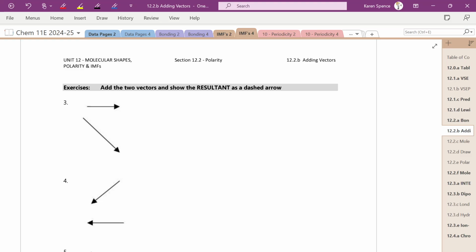Like flip them? No. You cannot flip an arrow. If an arrow is pointing in a certain direction, that's the direction it's pointing. Okay?